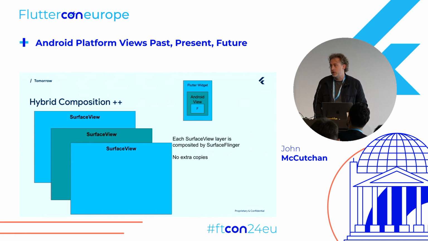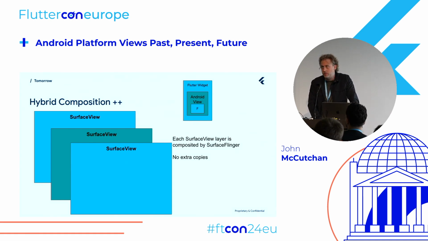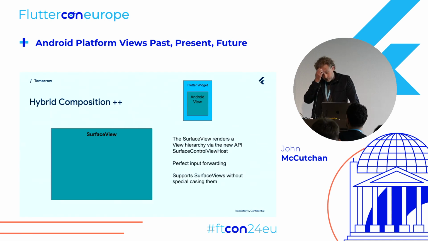Surface views are very efficient. SurfaceFlinger loves them. And so we can stack today up to 3, in the future as many as we need of these, and then have Android itself manage piping the output of that Android view into a surface view that the system can composite.